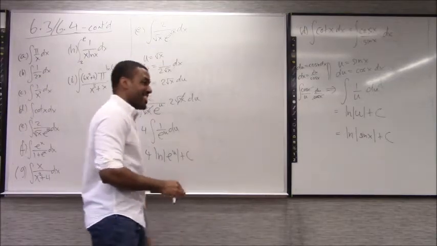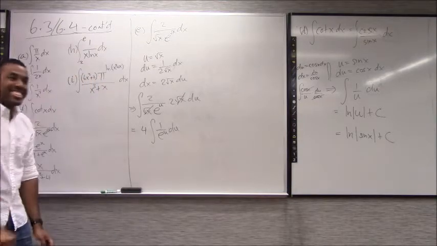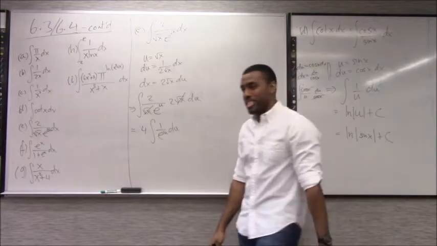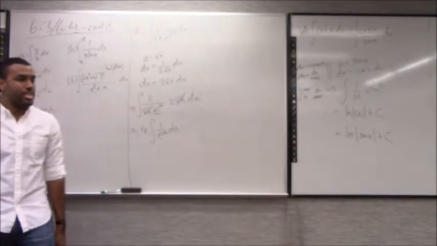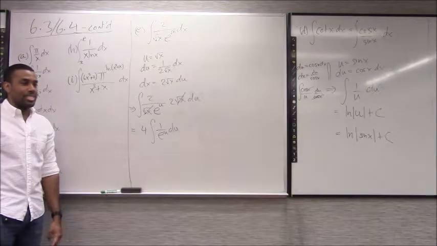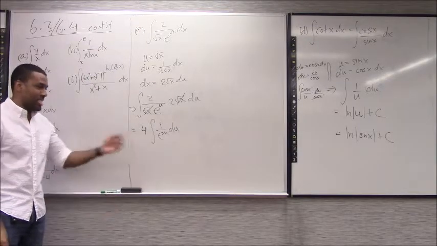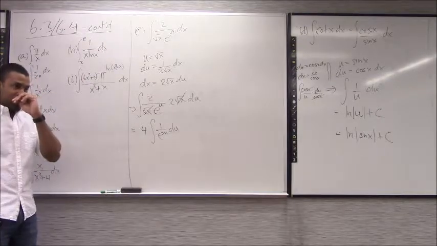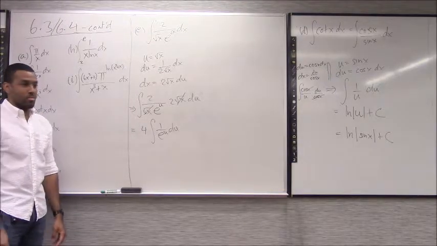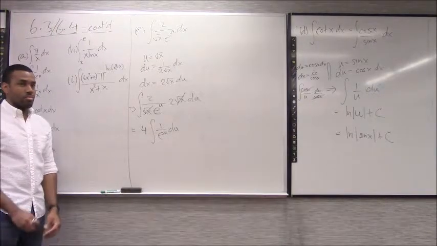Since the square roots of x cancel. Well, that's not what it is. I wanted someone to object. How do you integrate 1 over e to the u? Make it be e to the negative u.